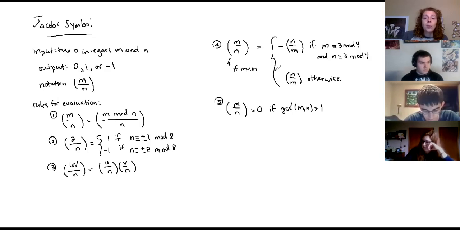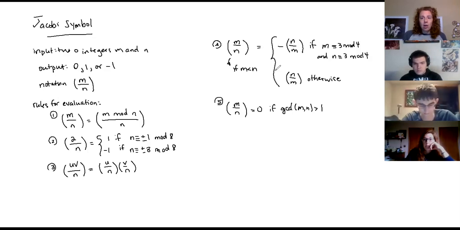This helps us out with rule number 2, right? Because if n is congruent to 2, 4, 6, or 0 mod 8, then 2 and n are not relatively prime. So the Jacobi symbol is equal to 0. So rule number 2 and rule number 5 kind of go together.